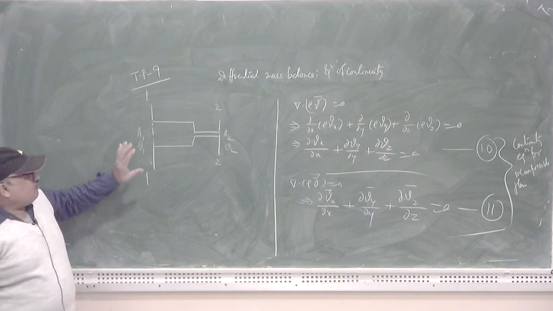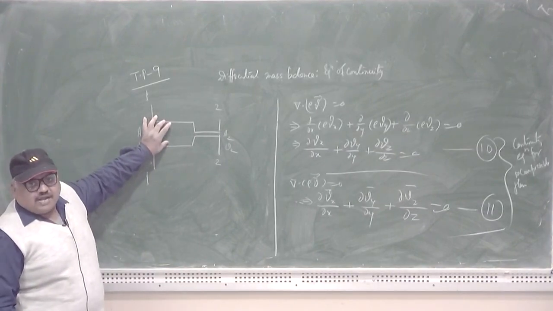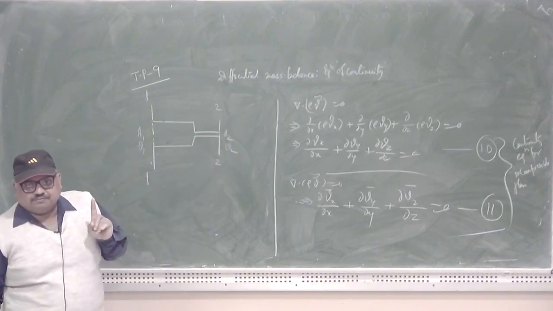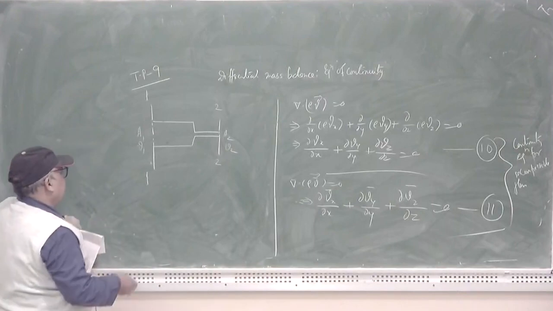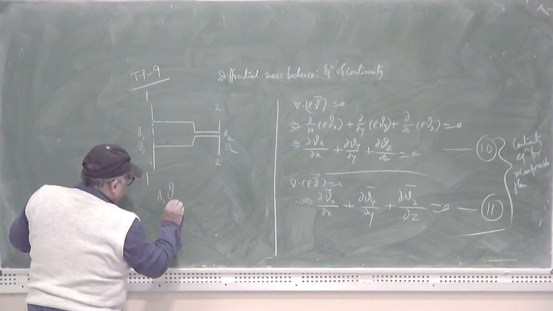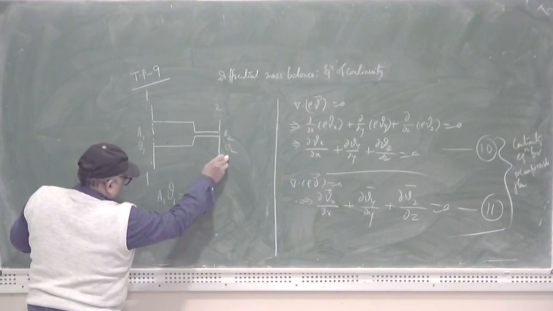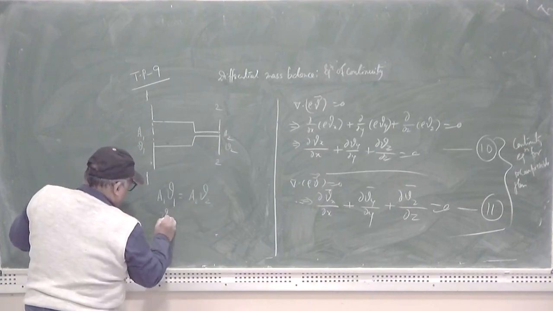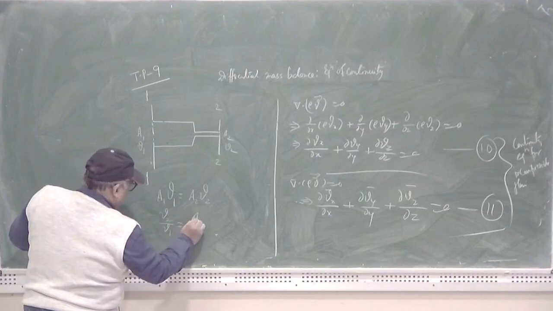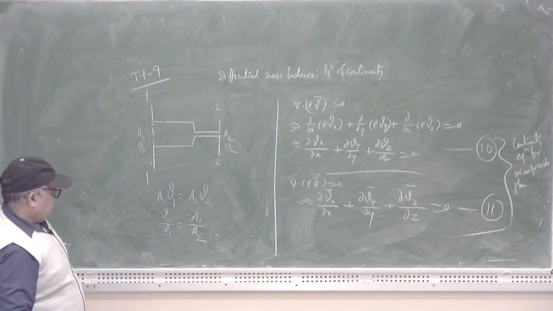Now, the quantity entering through this conduit will be entirely discharged through this opening also. That means A1 into V1 should be equal to A2 V2. So, V2 by V1 is equal to A1 upon A2, is it not?